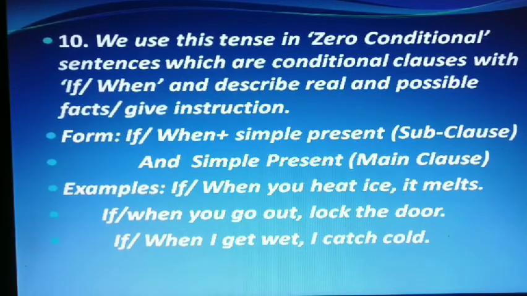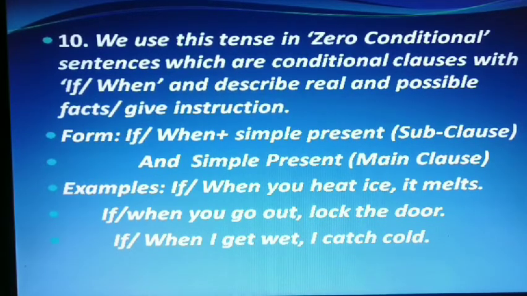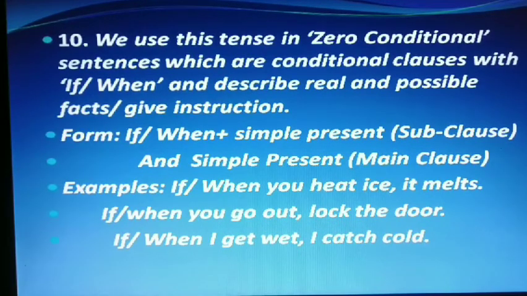So, whenever I get wet, I catch cold. This happened in the past, this happens in the present, and this will happen in the future too. If I get wet, I catch cold. These are called zero conditionals, which never change with the time frame.